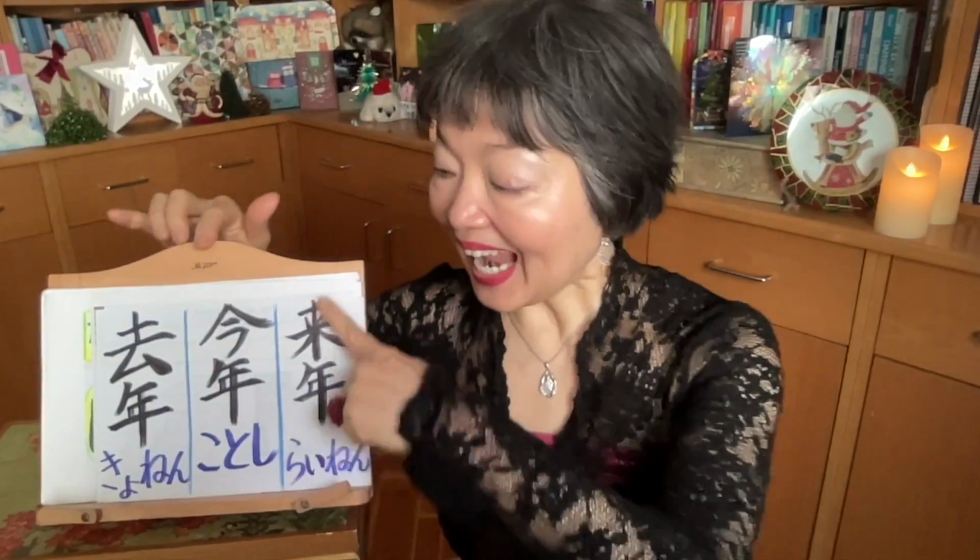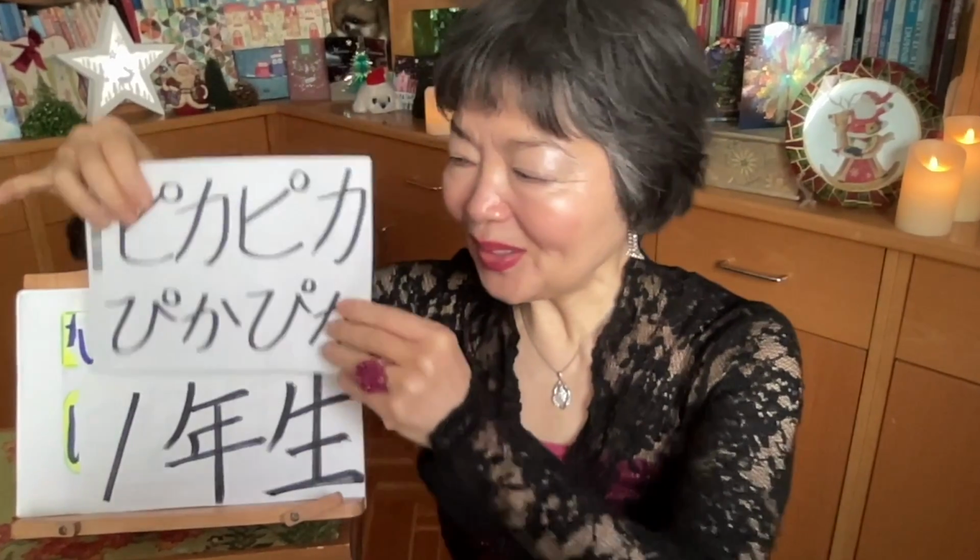My grandson is gonna be the first grade student next year. 孫は来年ピカピカの1年生になります。Now let's see other onomatopoeias, and it's very similar to pika pika.